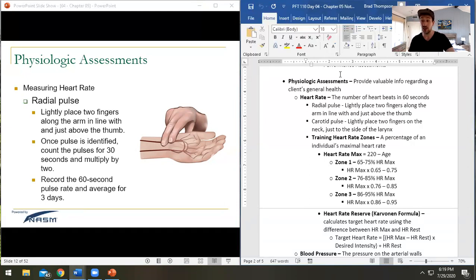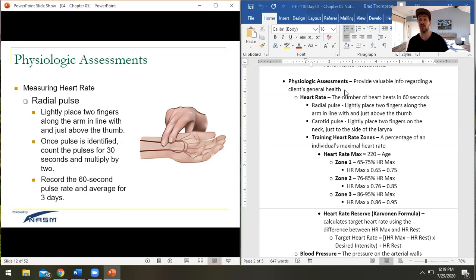It doesn't really matter how you do it, but honestly, you've got a full minute's time, so why not? Now, that being said, if you are measuring it mid-exercise, which would not be during a fitness assessment, let's say you're measuring it in the middle of a workout and you're trying to keep them between a specific zone, that's where the 6 seconds multiplied by 10 method tends to work a little bit better.